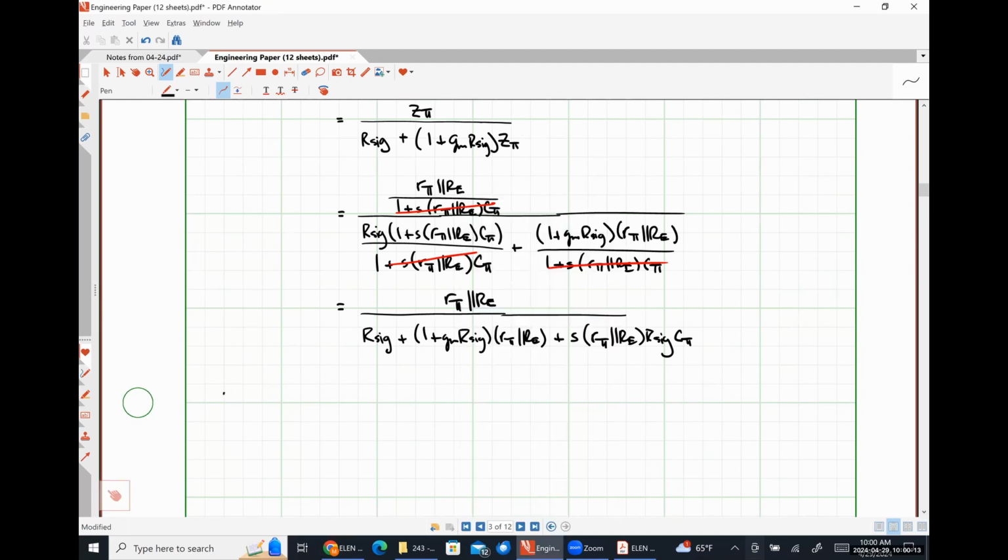So omega pH2 is going to be negative R sig plus 1 plus gm R sig times R pi in parallel with RE, divided by R pi in parallel with RE times R sig times C pi.